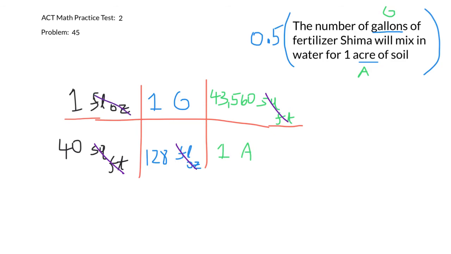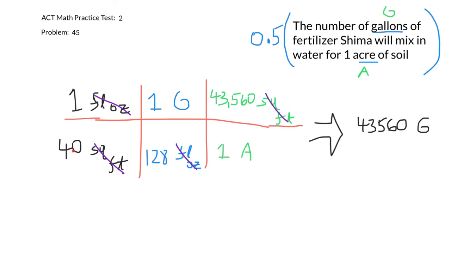And then what we do is we multiply straight across with the numbers and retain any of the words that are left over. So it's going to be 1 times 43560. So we've got our 43560. There was also the word gallons left over, so we want that, gallons.